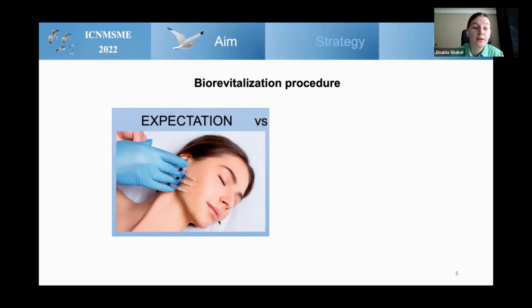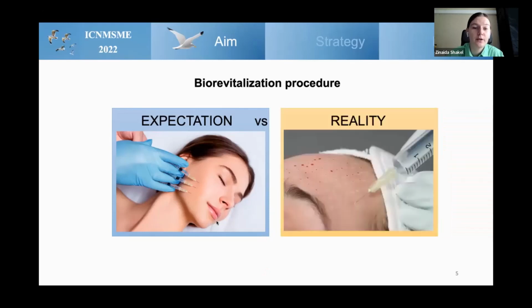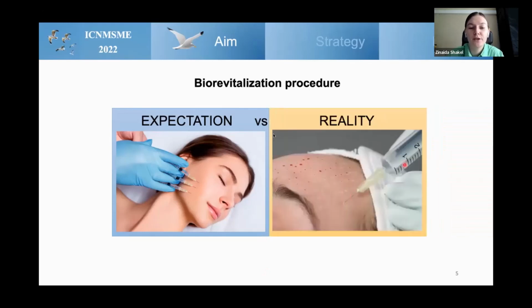But in reality, it's quite a painful procedure and has a lot of side effects, such as skin irritation, infection, and so on. Our task is to avoid needles and pain and get an effective treatment.